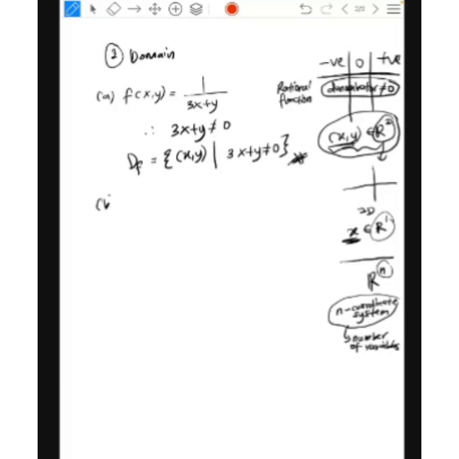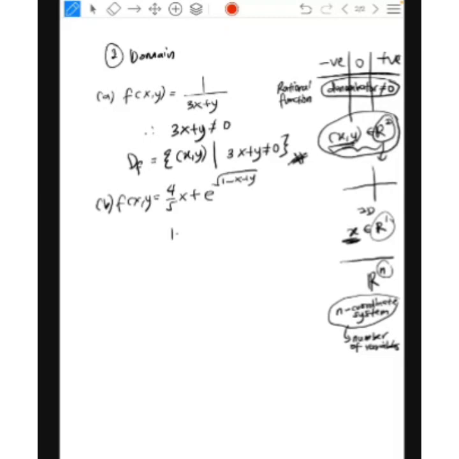Okay, b: f(x, y) equals 4 over 5x plus exponent 1 minus x plus y, the square root. An exponent can actually take a value of negative, 0 and positive. However, the power of the exponent is a square root, and a square root can only take a value greater than or equal to 0.